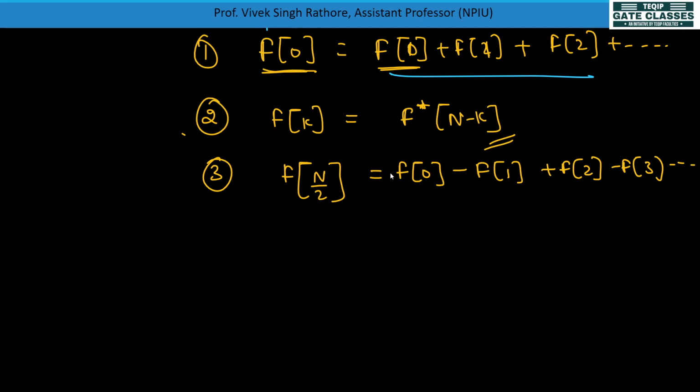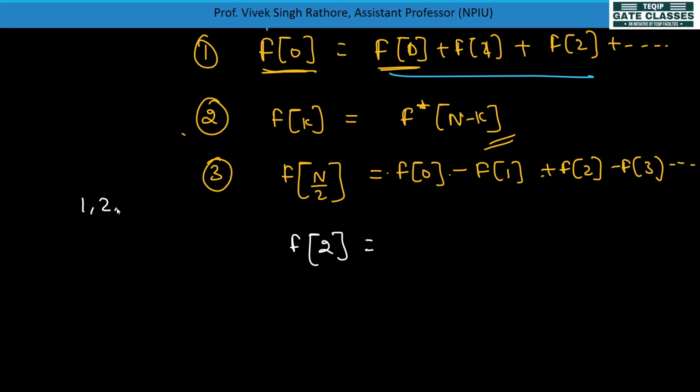That means there will be a plus sign, minus sign, plus sign, minus sign, and so on. Here n is 4, so 4 by 2 is nothing but 2. F of 2 is the first term minus second term plus third term minus fourth term.